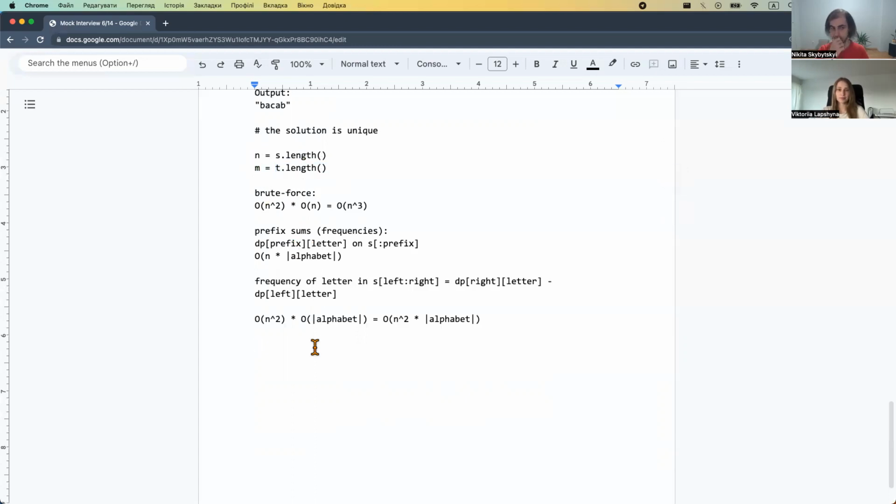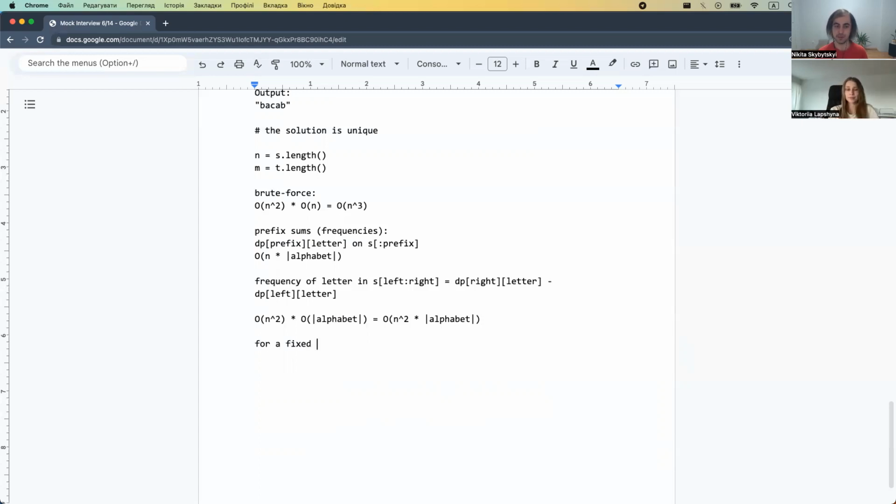So one way to leverage this idea is to think, for a fixed length, can we answer: is there a substring of this length that has all the required frequencies?